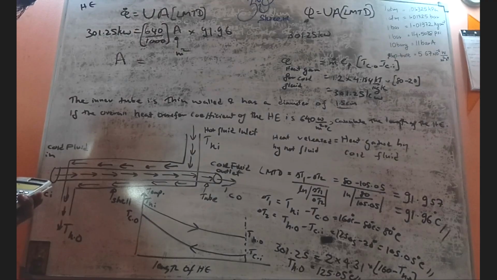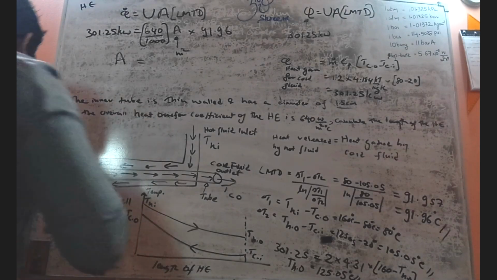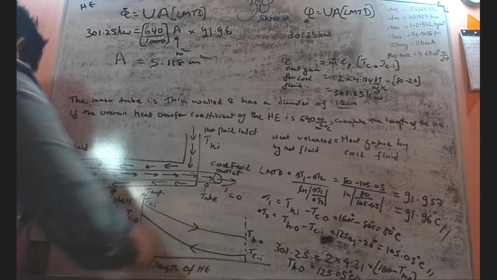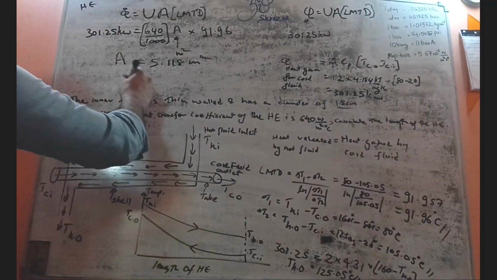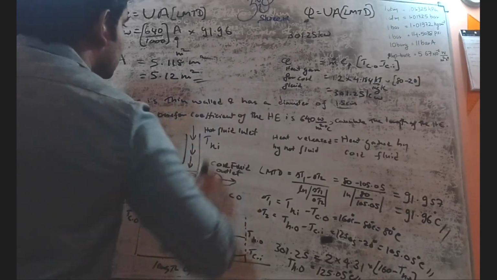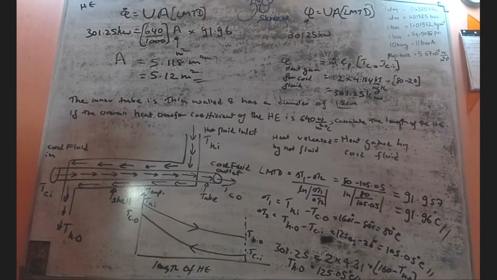The area is 5.118 meters squared. So let's call it 5.12 meters squared. That is the area of the heat exchanger.